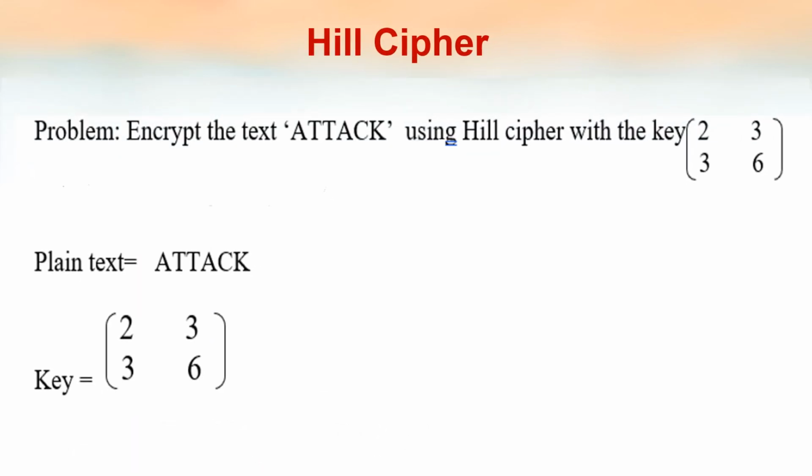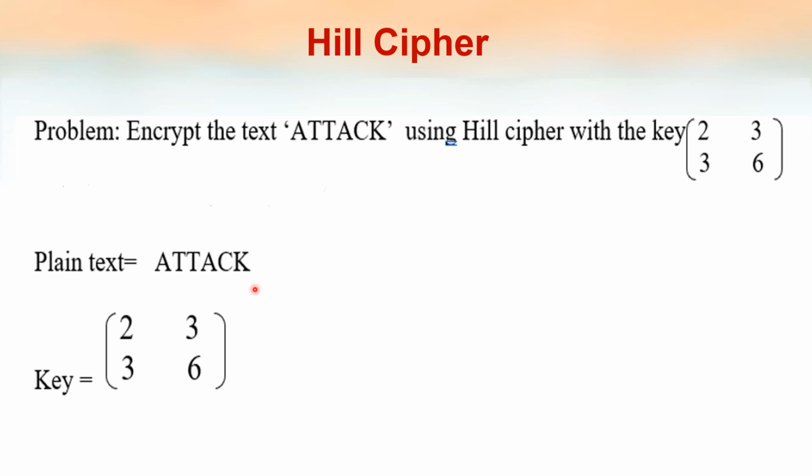Now we can see an example problem. Encrypt the text attack using the Hill cipher with the key 2336. The plain text is attack and the key is 2336, which is a square matrix, here a 2 by 2 matrix.